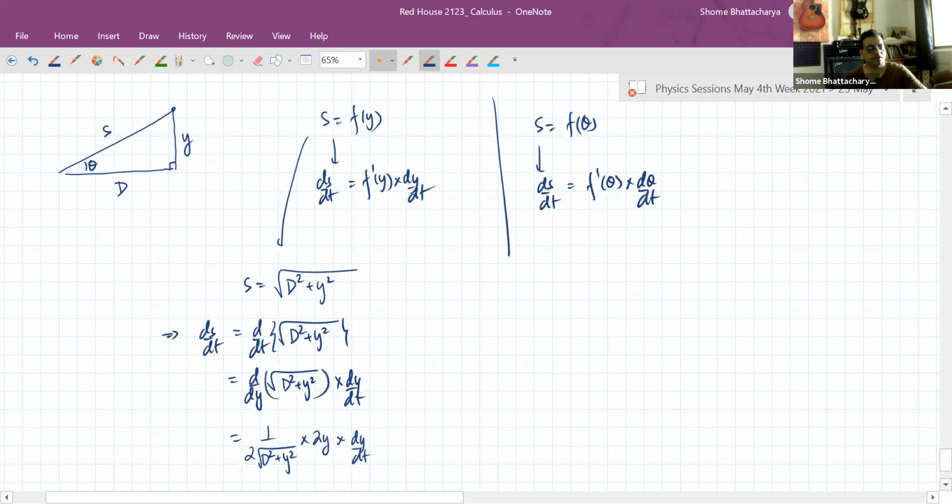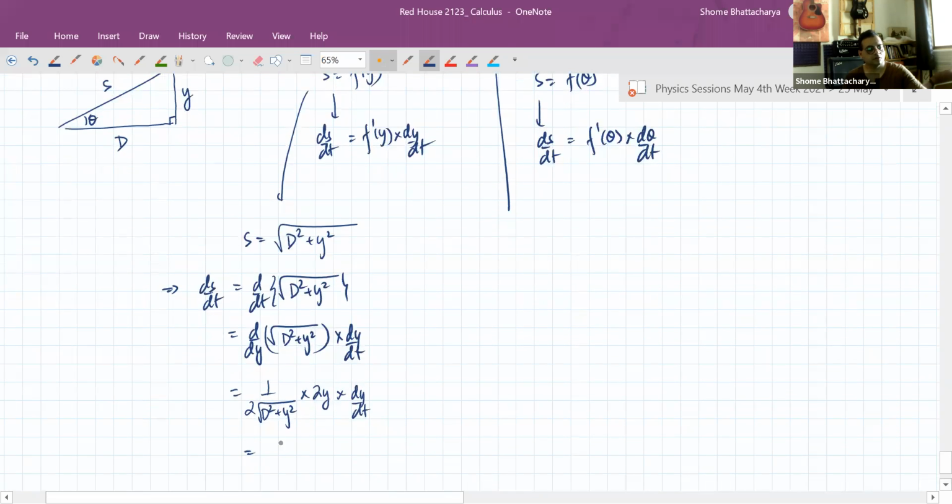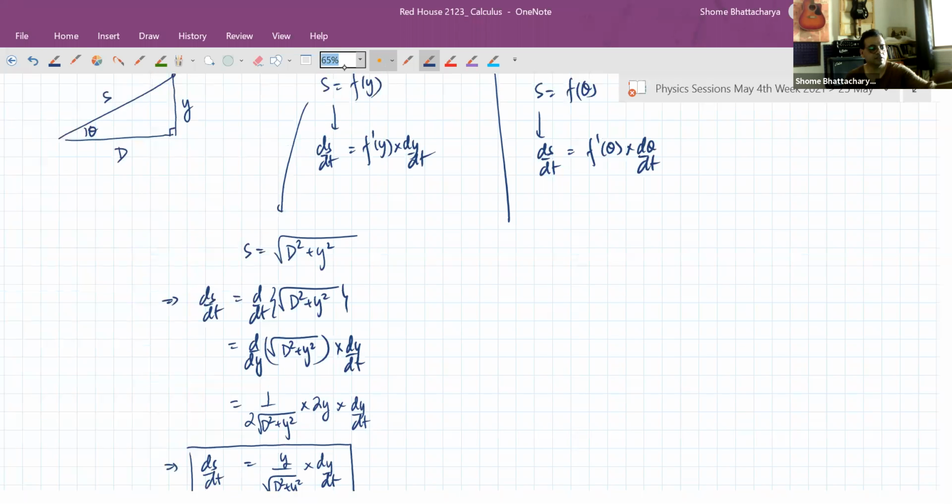So that will leave me with y upon square root of d square plus y square into dy by dt. So this is the relationship between rate of change of s and rate of change of y. And we'll substitute it and calculate it. But just a moment before that, you can see that this method here is going to be easier, the second method.